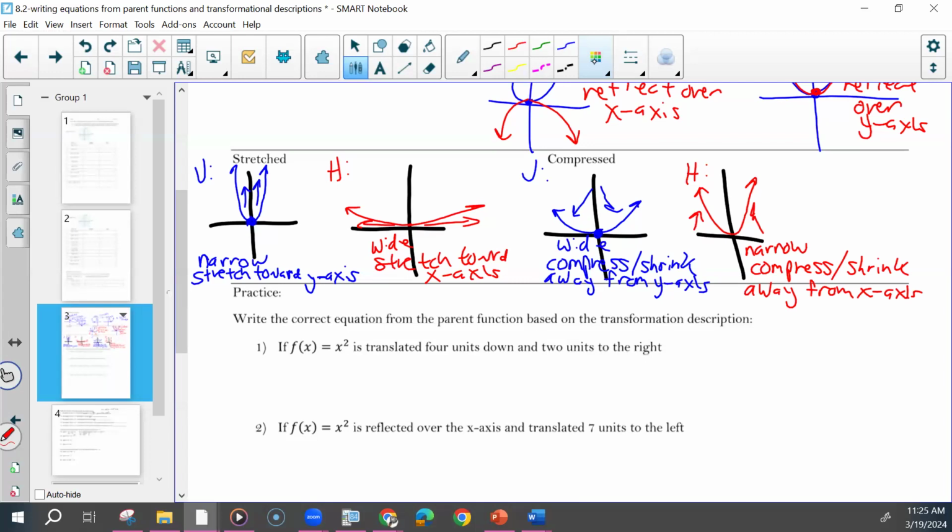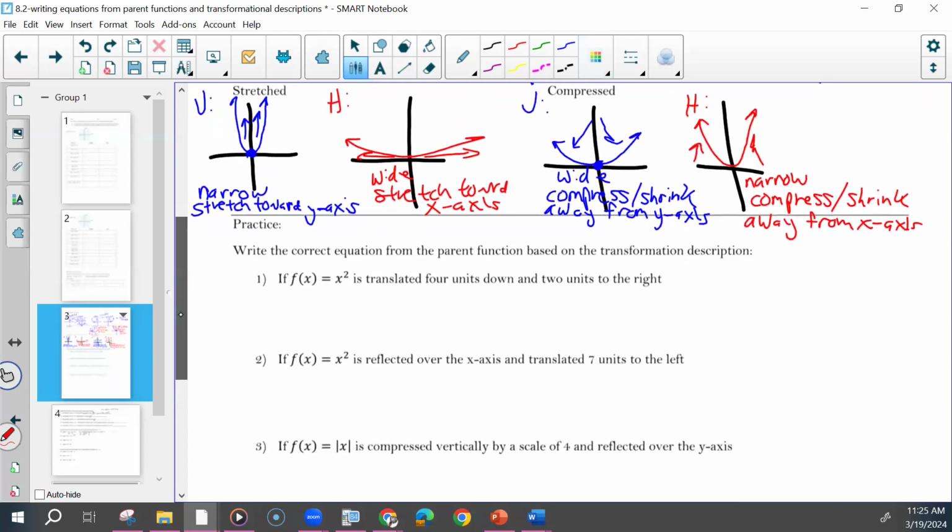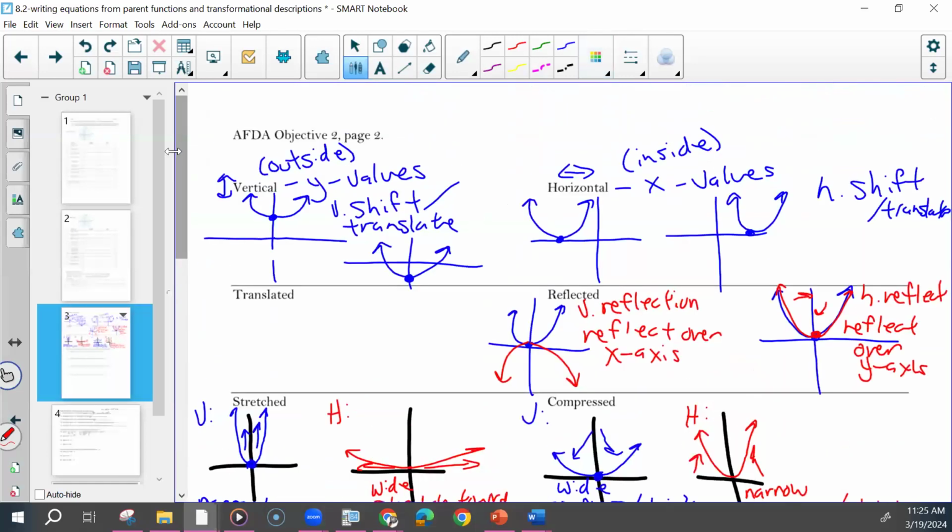The main thing we need to focus on is the differences between the vertical and horizontal stretches, compressions, reflections, translations or shifts. And then I'm going to write this up at the top.